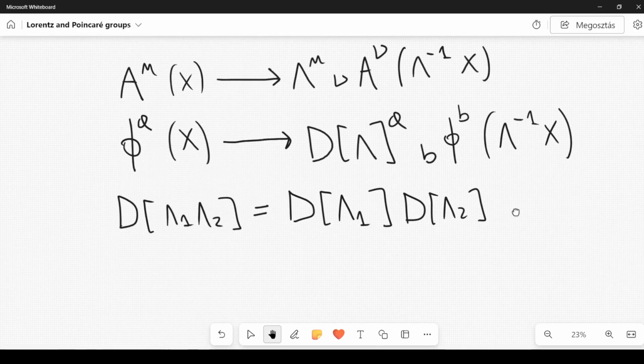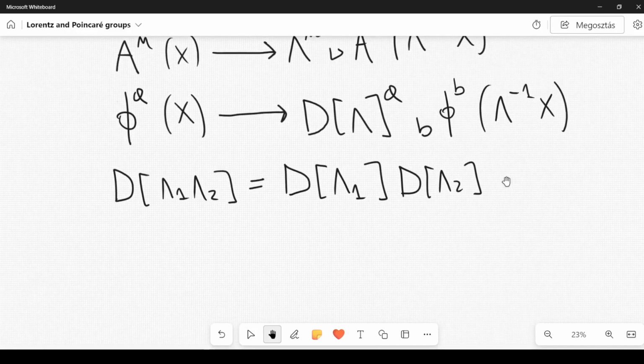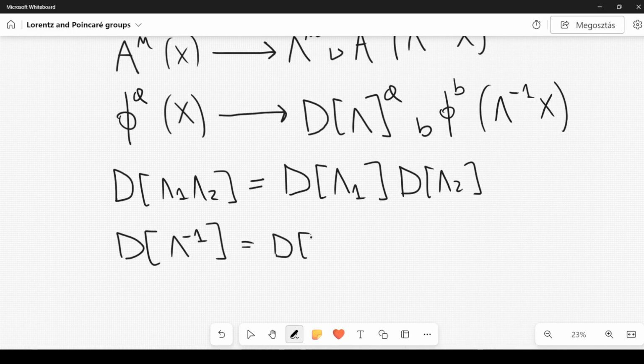I want to show you some more intuition in the subsequent minutes. But another important property is the following. The representation of the inverse of a certain Lorentz transformation must be equal to the inverse of the representation, and the representation of the identity is equal to the identity.